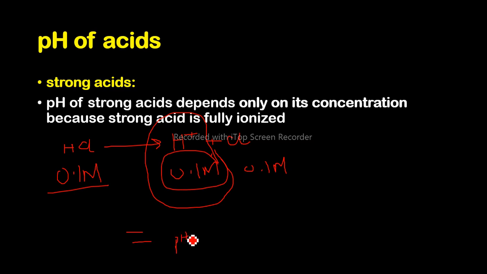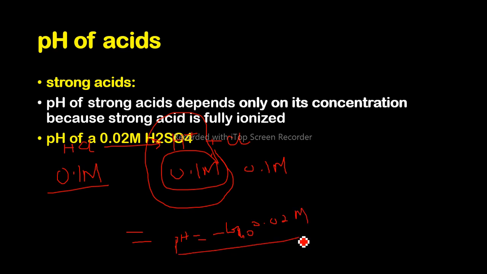But now, for weak acids, we have that example. For example, the pH of a 0.02 sulfuric acid. This one is a strong acid, so it fully ionizes. So the pH is simply negative log to base 10 of 0.02 molar sulfuric acid, and the answer is going to be the pH.